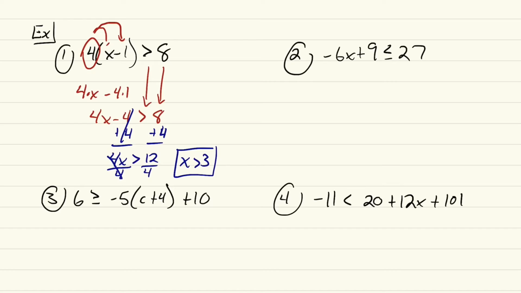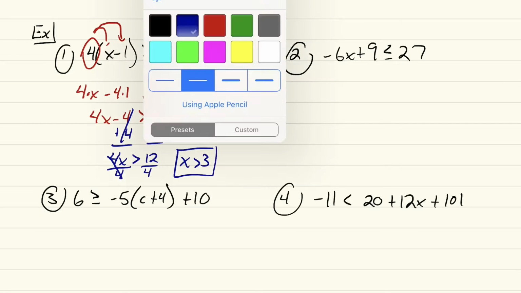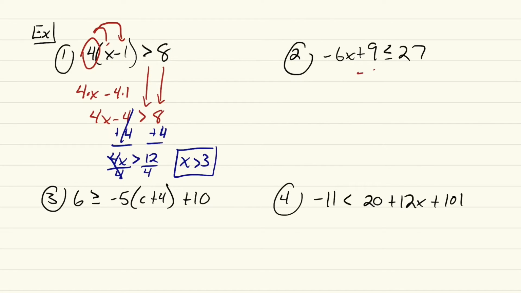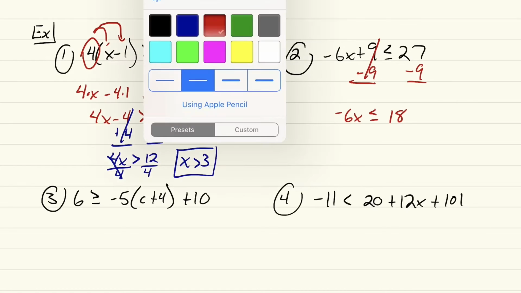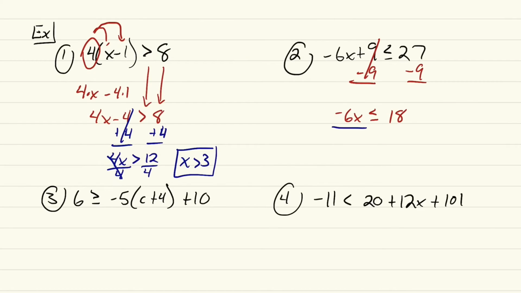Step number 2 says that we are going to subtract 9 from both sides. Subtracting 9 from both sides gives me negative 6x is less than or equal to 18. And then our second step here is to divide. We're going to divide by negative 6.